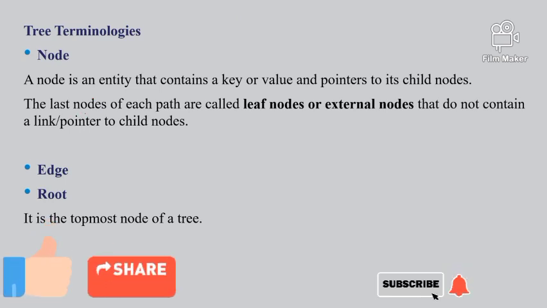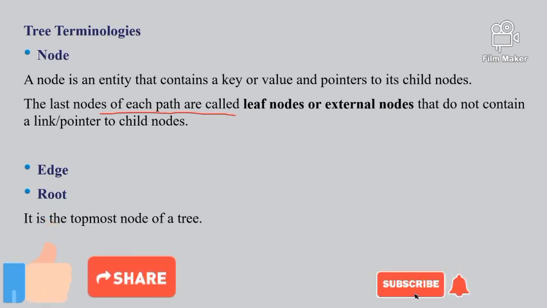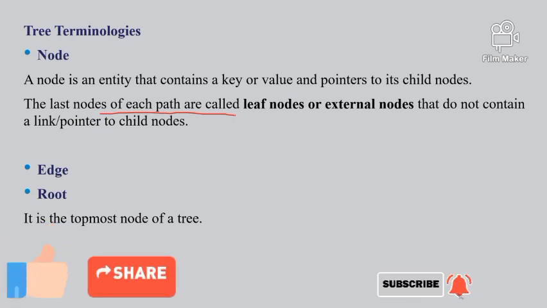In previous slides we have seen root, child, parent as well as child node. The last node of each path is called a leaf node.